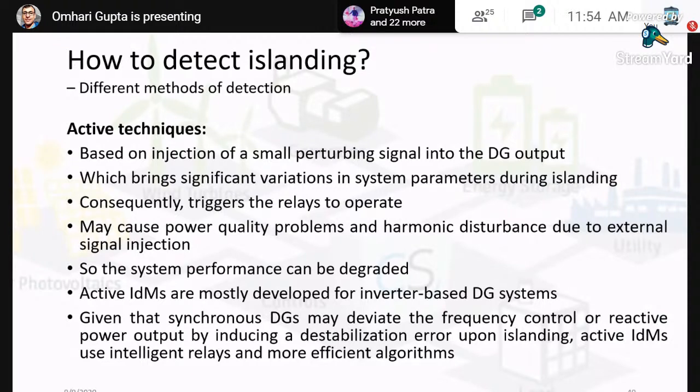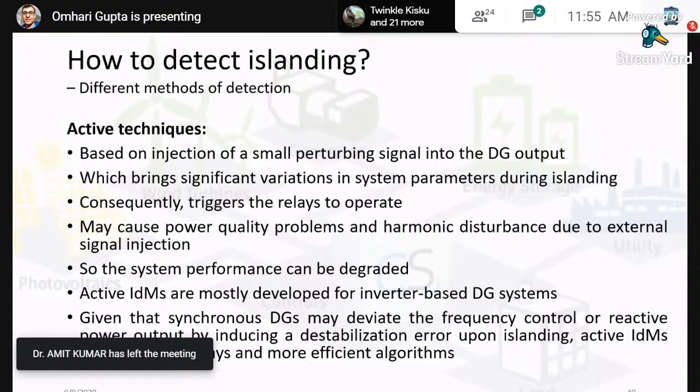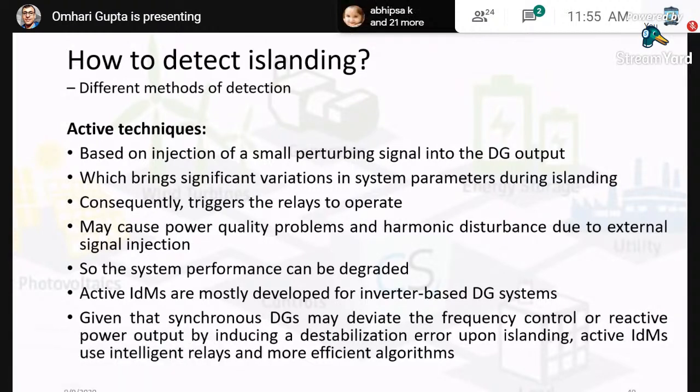Active islanding detection methods are mostly developed for inverter-based DG systems because you have control over the injections. You can have injections in terms of voltage perturbation, current perturbation, power perturbation, similarly change in phase. So that is mostly for inverter based DGs.